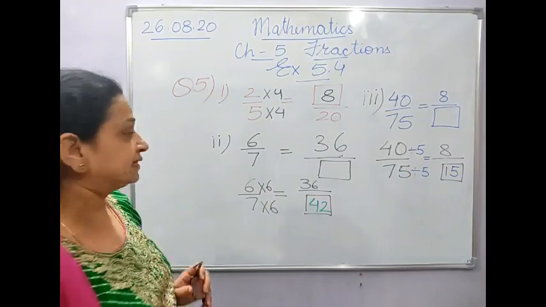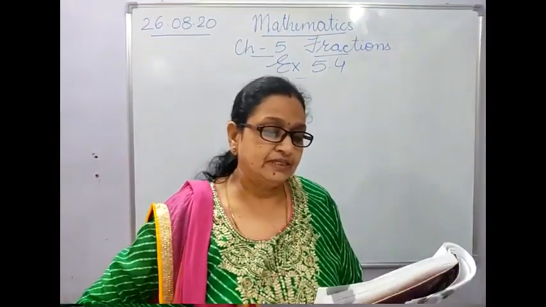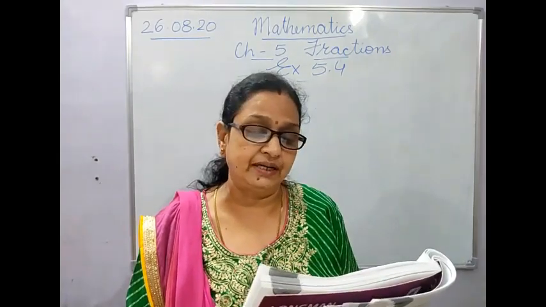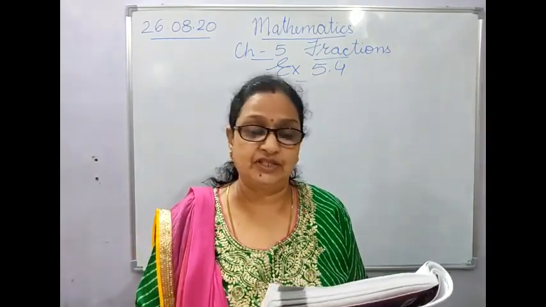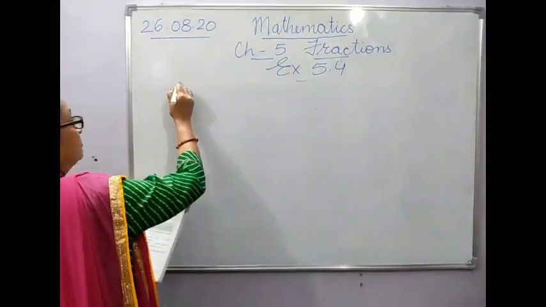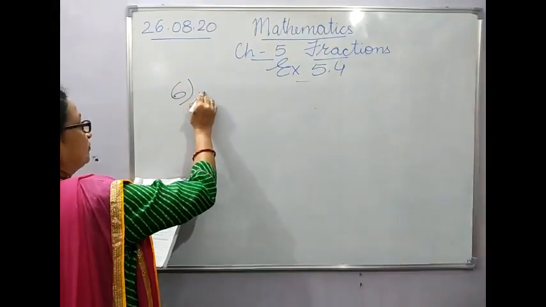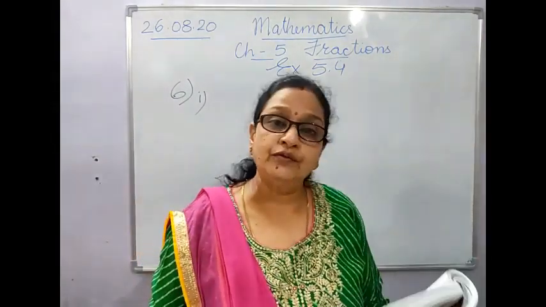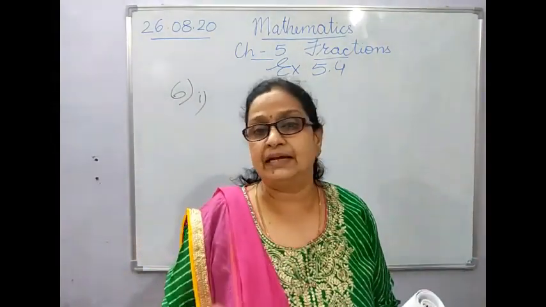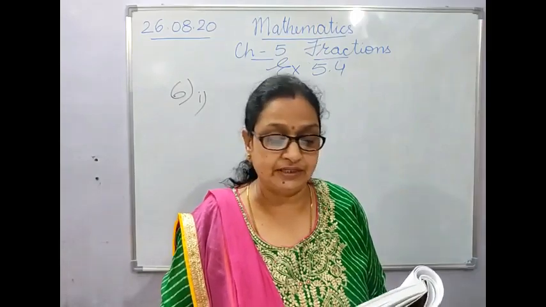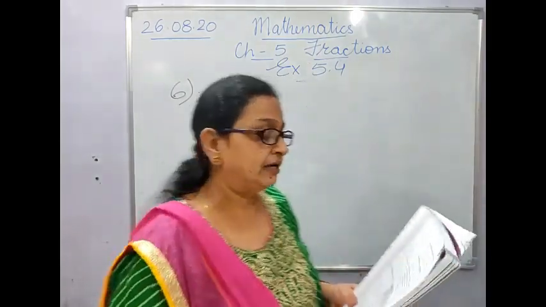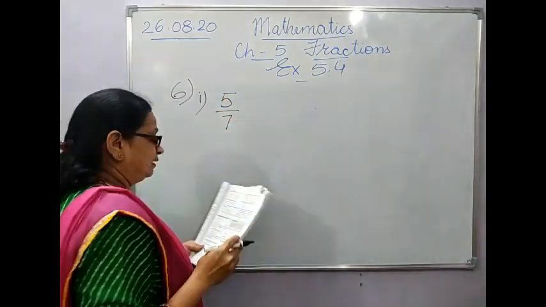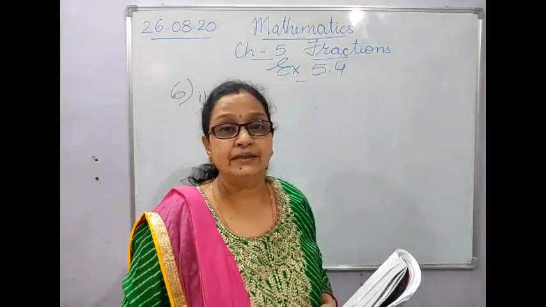Then question number 6. Find the equivalent fractions of 5 upon 7 having the different conditions given. The first one is almost the same as question number 5. Find the equivalent fraction of 5 upon 7 having denominator 35.